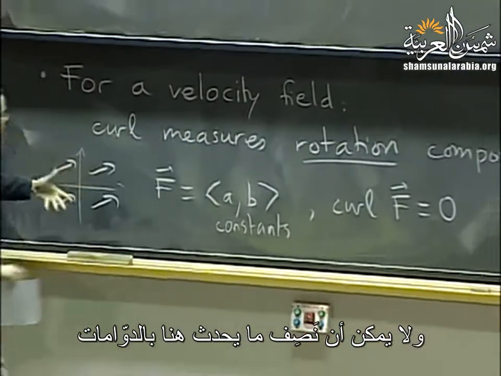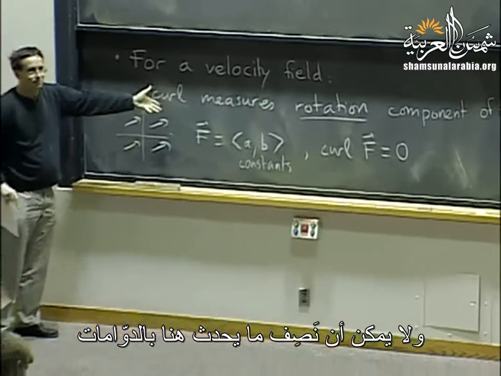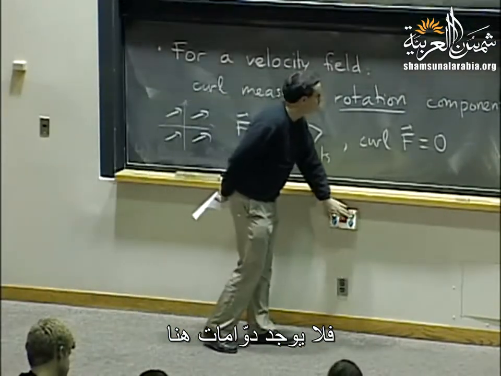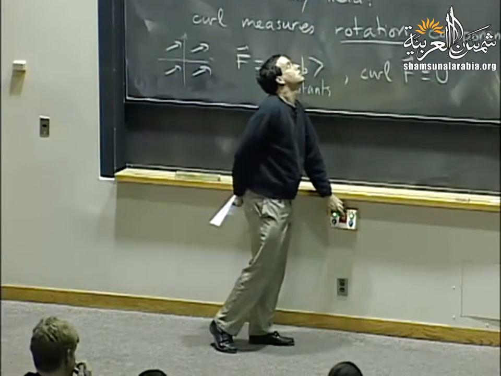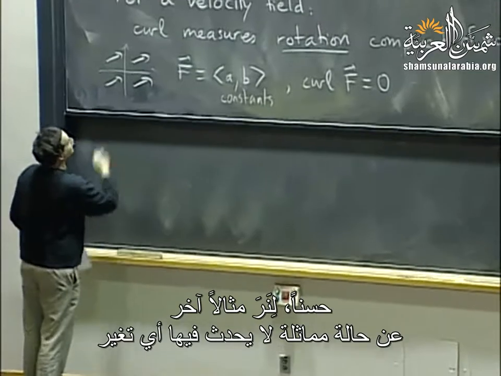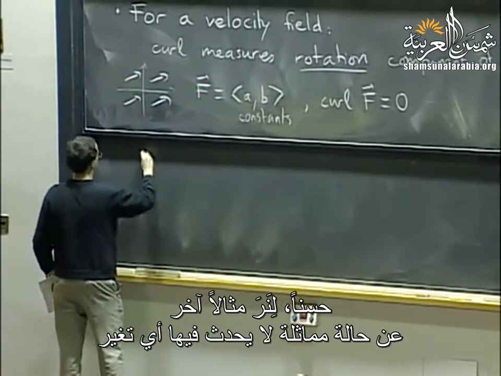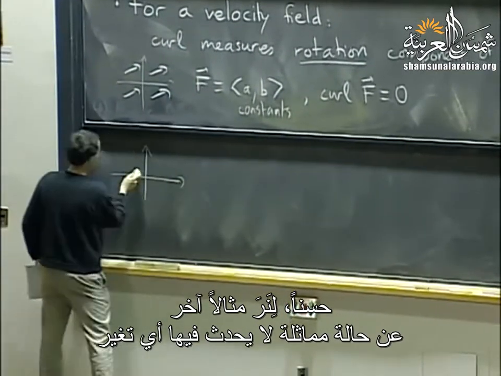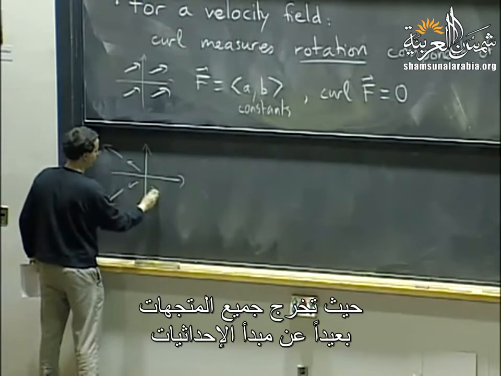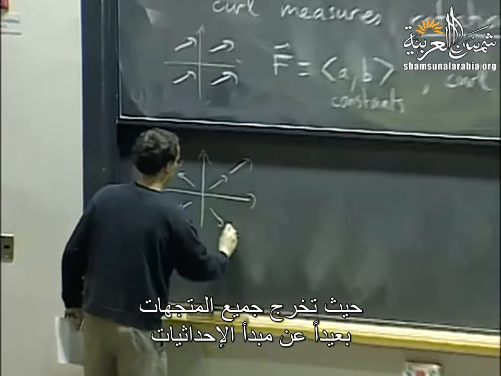And indeed, that's not what you would call swirling. I mean, there's no vortex in here. Now let's do another one where there's still nothing going on. Let's say I take the radial vector field, where everything just flows away from the origin.